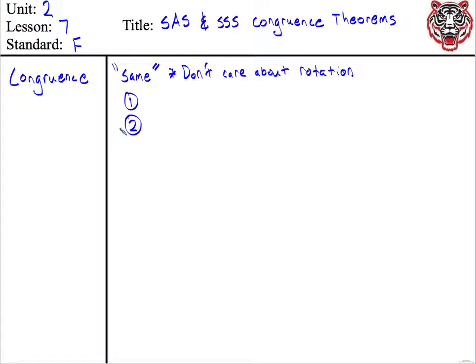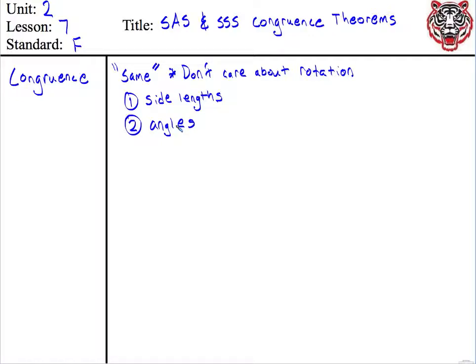Congruence means that you have the same side lengths. And it also means you have the same angles. If those two are satisfied, then you have congruent triangles, congruent shapes.